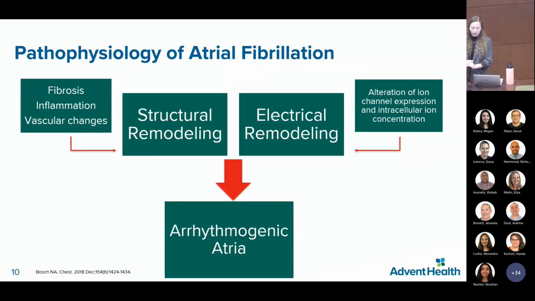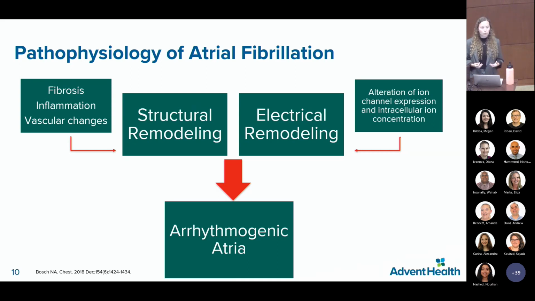The pathophysiology of AFib involves alterations of the heart leading to an arrhythmogenic atria. These alterations can be structural or electrical in nature. In the general population, advanced age and chronic disease states such as congestive heart failure, diabetes, and chronic kidney disease can increase reactive oxygen species and inflammation, leading to atrial fibrosis and atrial scarring.